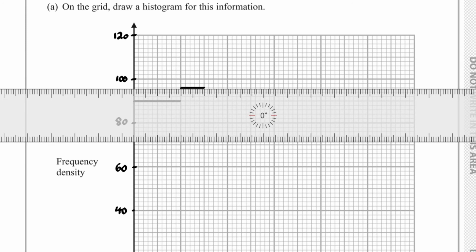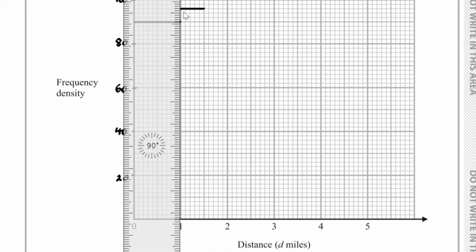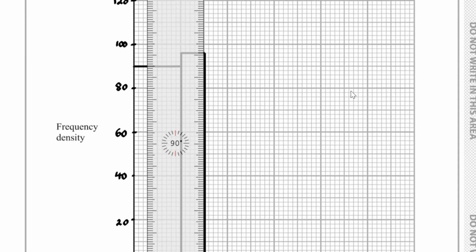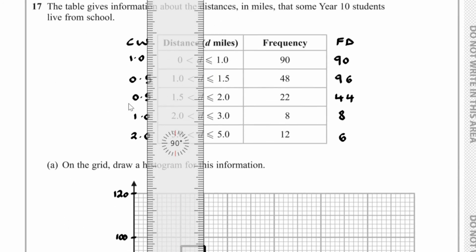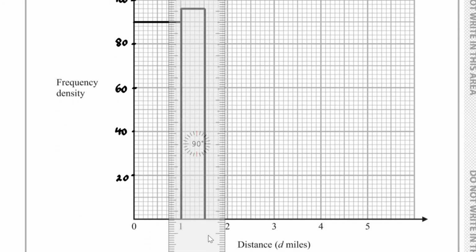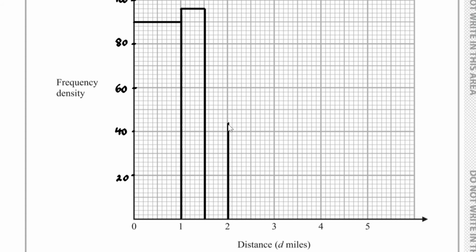So now let's draw a line down. So joining these up, we have this over here. Then for the next one, we've got 0.5 to 44. So 44, that will be over here, and then join it across horizontally, like so.